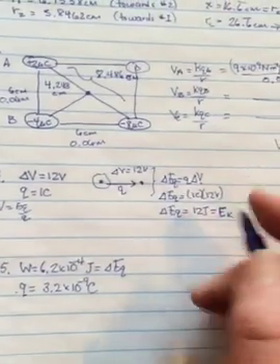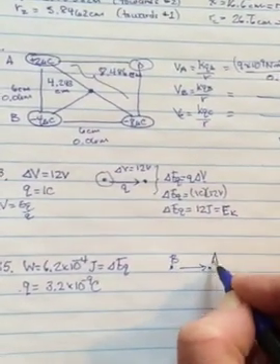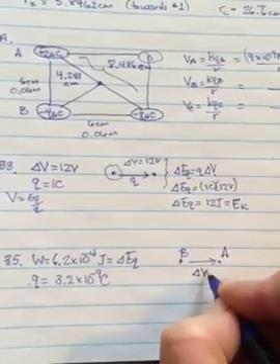So it's going from B to A, and you are doing the work, and it wants to know what's the delta V.